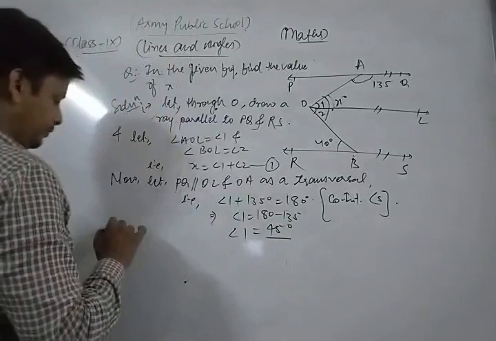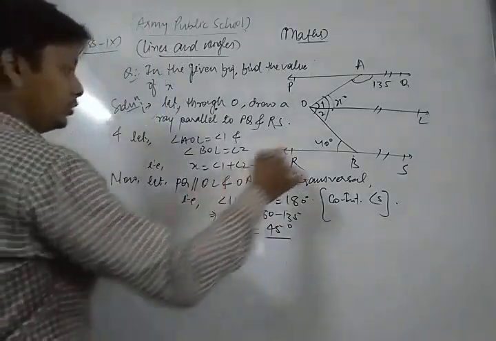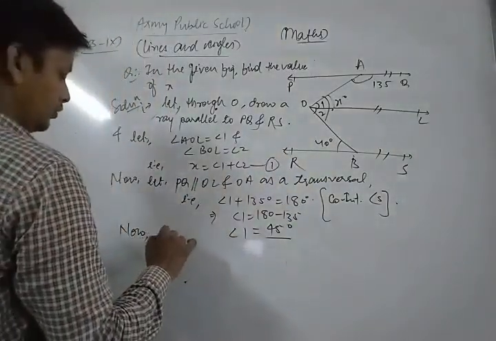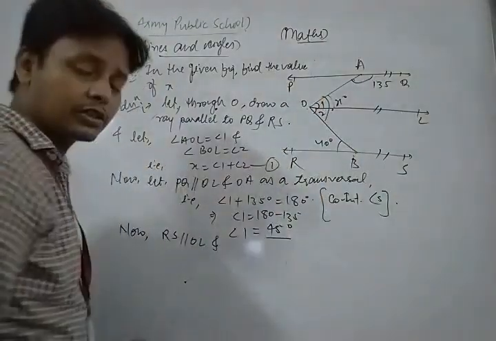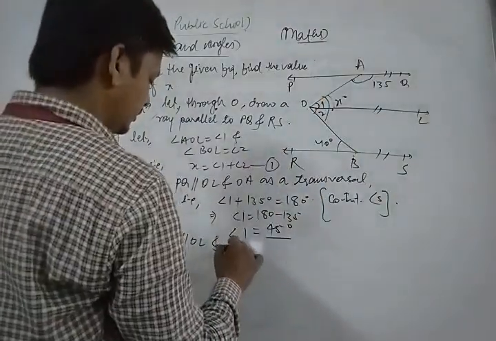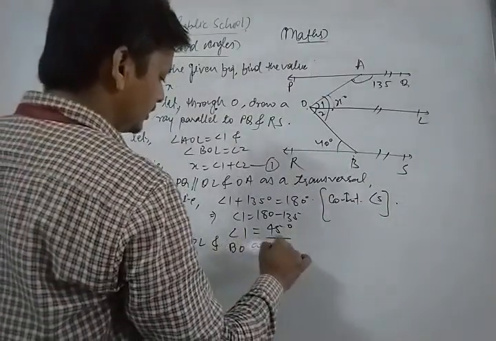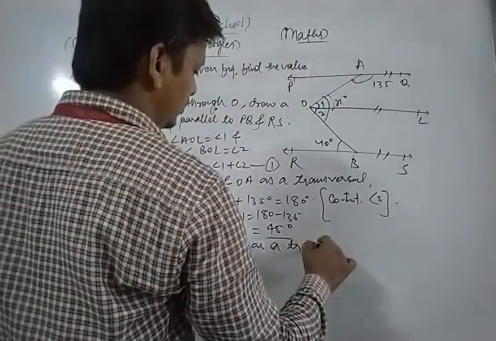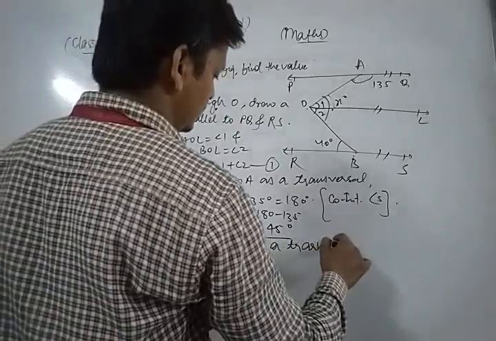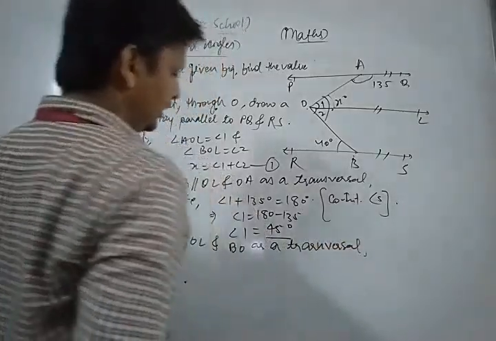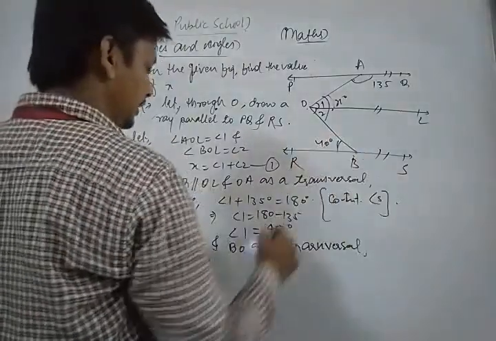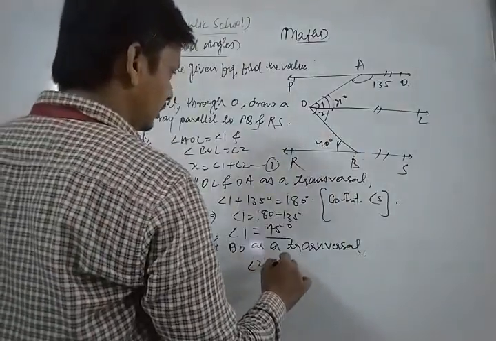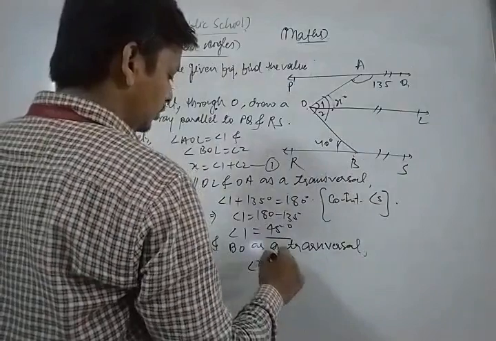Okay. So now we take RS parallel to OL and BO as a transversal. That is, angle 2 is equal to 40.